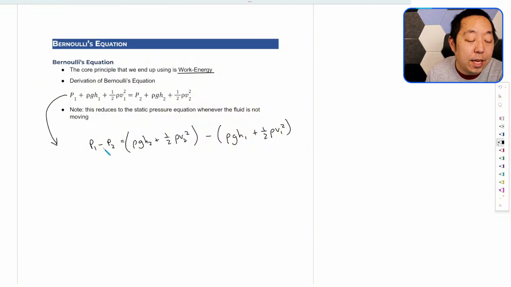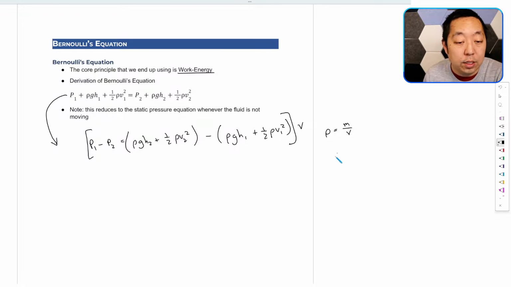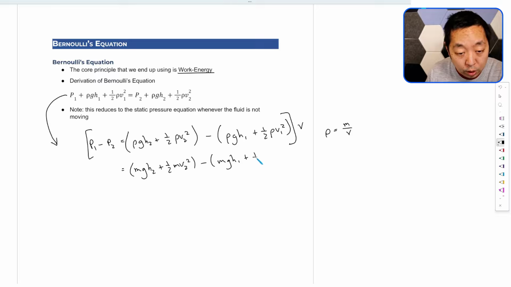And if I then multiply by the volume of the water that we're moving, because remember density is mass divided by the volume, then all of these densities become masses: mgh2 plus 1/2 mv2 squared, minus mgh1 plus 1/2 mv1 squared.